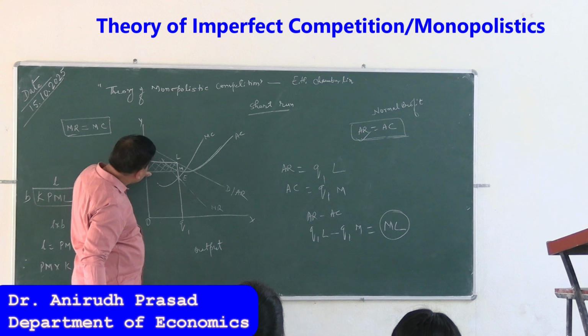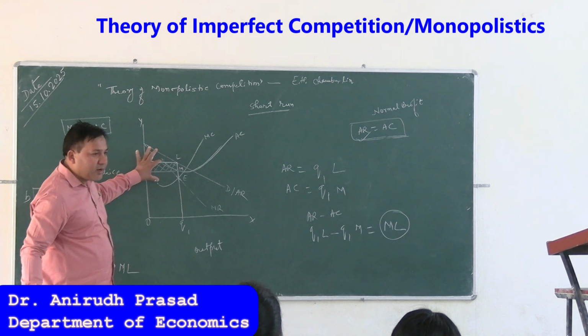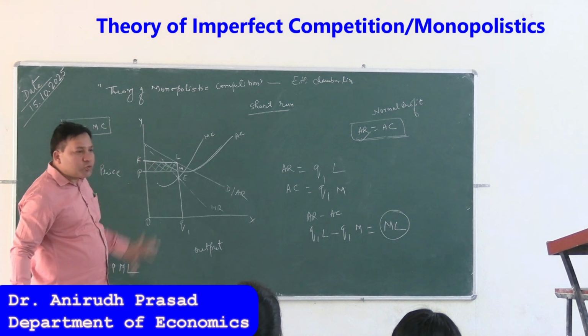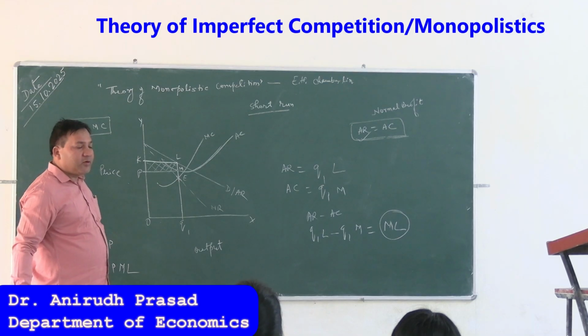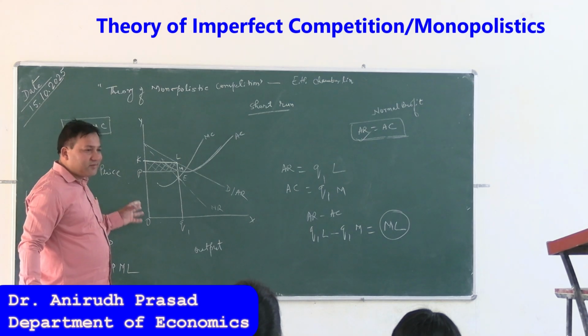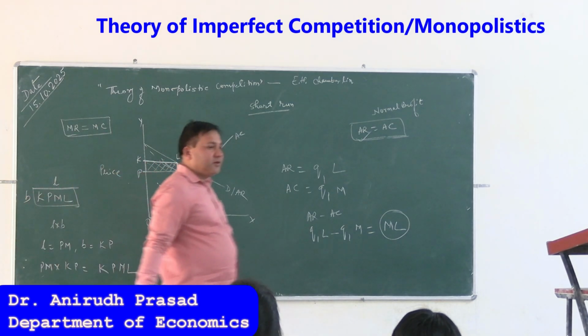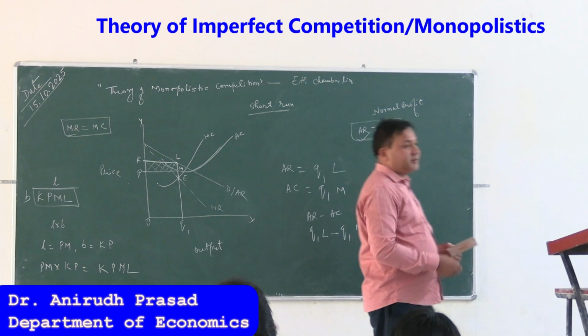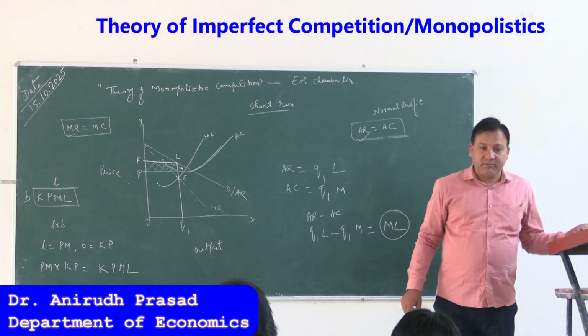So this much of area is the supernormal profit got by the firms in imperfect competition.